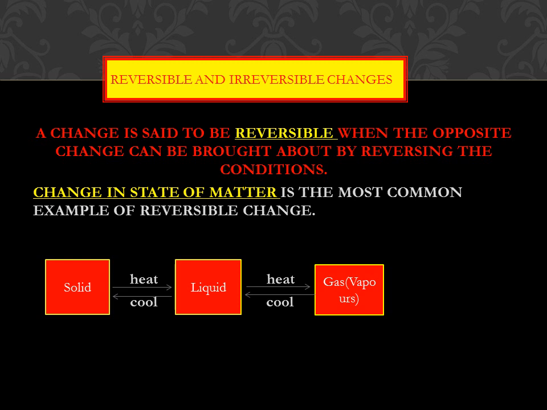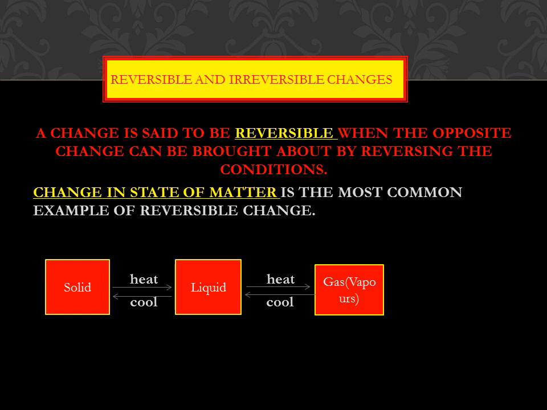So solid can be converted into liquid on heating, and liquid on cooling can be changed back into solid. So it's a reversible change. Liquid can be converted into gas on heating, and gas on cooling or condensing can be converted again into liquid. So again the change is reversible in nature.